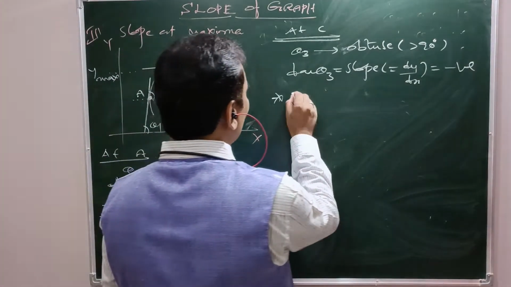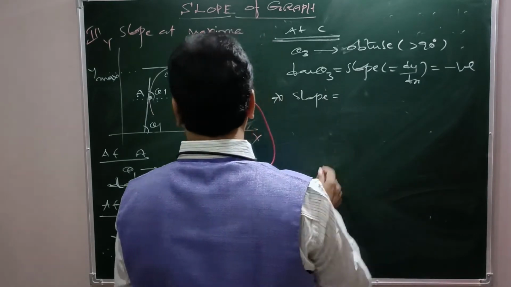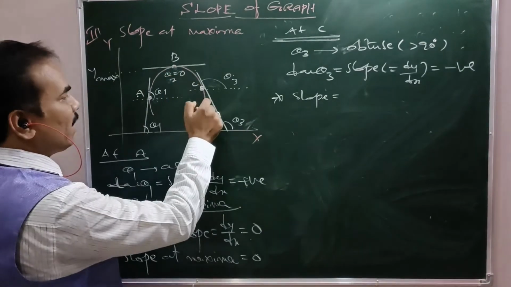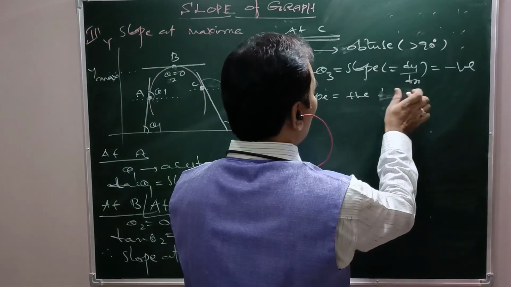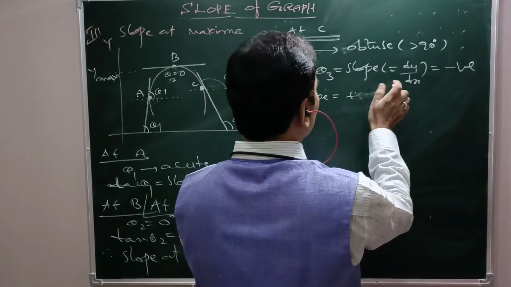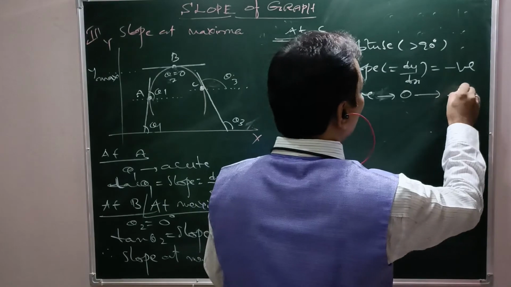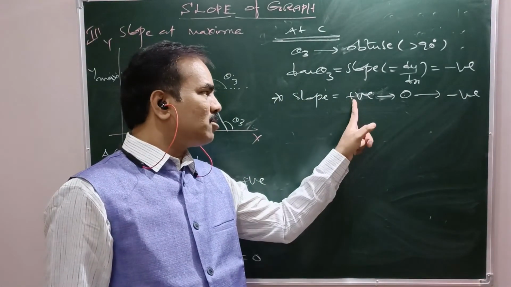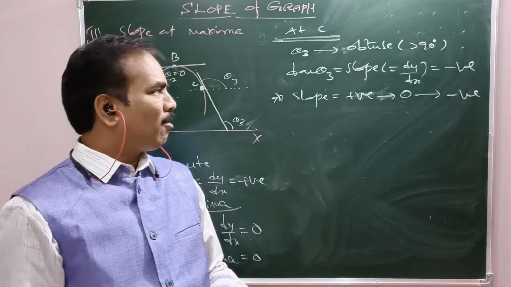So how does slope change? Positive to 0, 0 to negative. So slope becomes positive to 0, 0 to negative. See, any quantity that changes in such a way, positive to 0 and again from 0 to negative, what about the quantity?